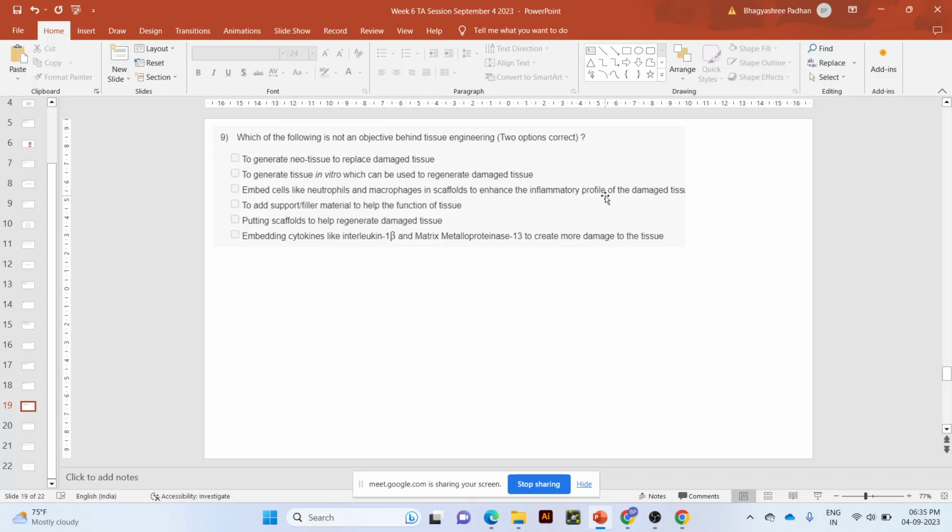And embedding cytokines like IL-1 beta and matrix metalloproteinase 13 to create more damage to the tissue. We don't want more damage; rather we want to prevent damage or regenerate the damaged tissue or neo tissue. So these two options are not objectives of tissue engineering.